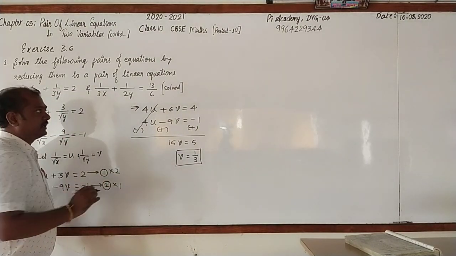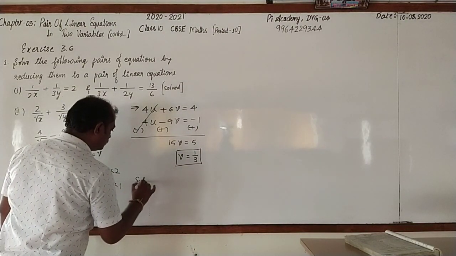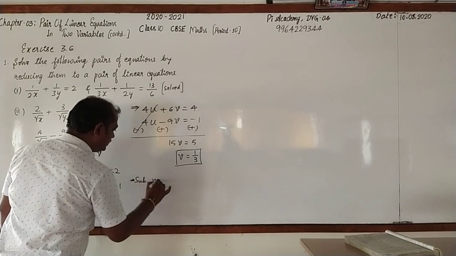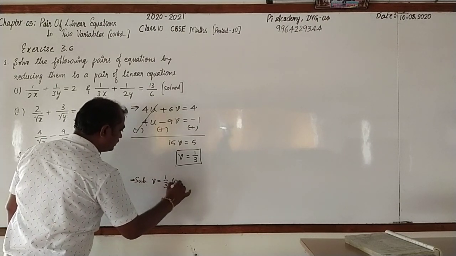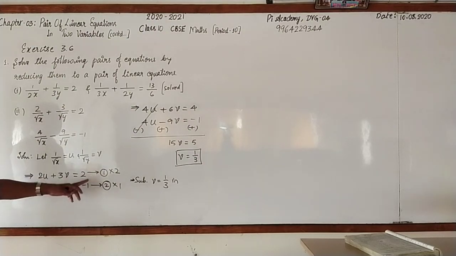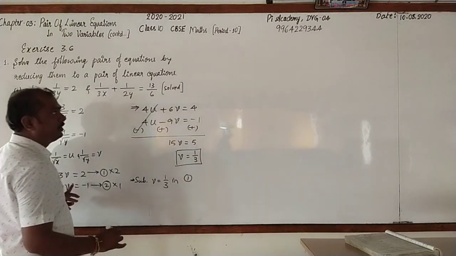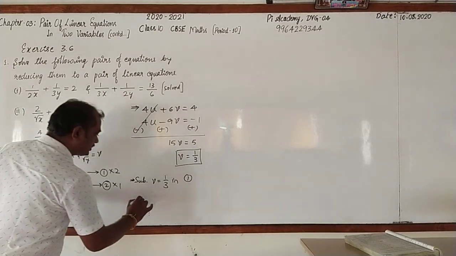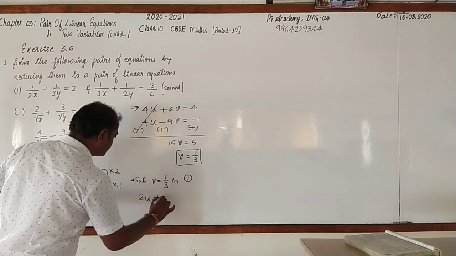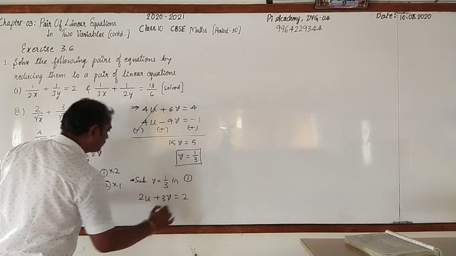Clear? Yes. Now, you may substitute v is equal to 1 by 3 in either equation 1 or 2. I'll go for equation 1. What is equation 1? This is 2u plus 3v is equal to 2.